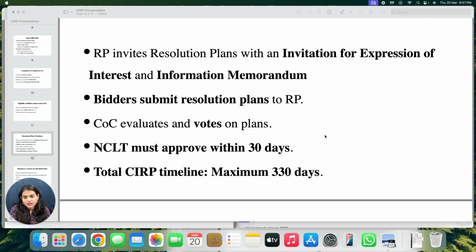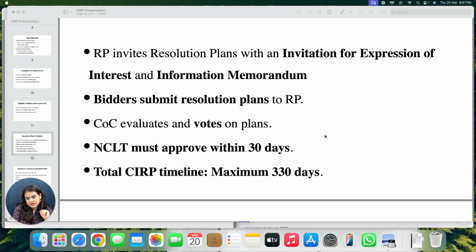Once this preliminary process is done, the resolution professional will create a provisional list of prospective resolution applicants. This provisional list of applicants will be provided an information memorandum and any other details that the members of the committee of creditors may deem to be important.